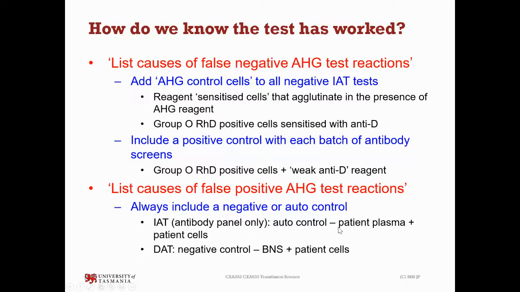So in the IAT, the panel only, we use an auto control. In our DAT, we use a negative control, which is buffered normal saline plus patient cells. What we're doing there is checking that if we have a positive DAT, it's actually an antibody causing that, rather than some sort of a weird plasma protein.